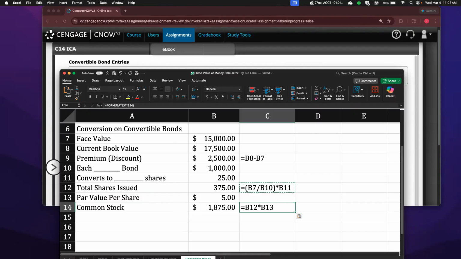So we have our book value, we have our total shares issued, we have our common stock. Next thing we need to figure out is additional paid in capital from bond conversions.